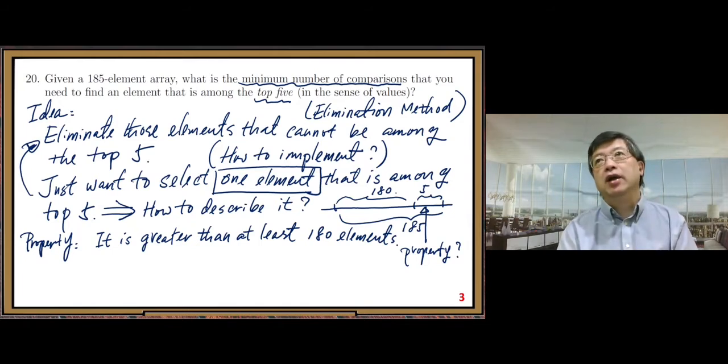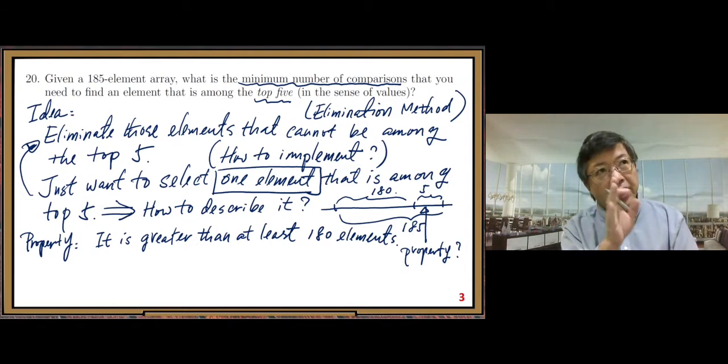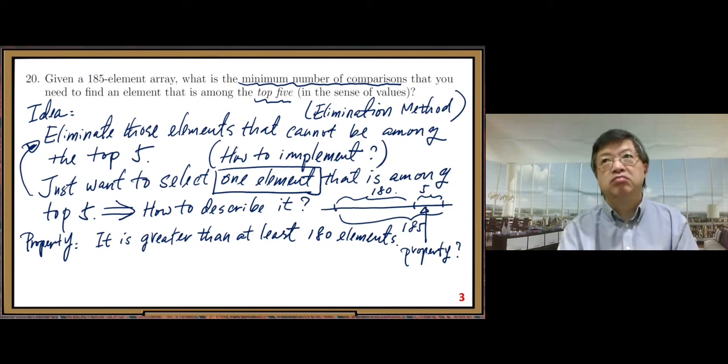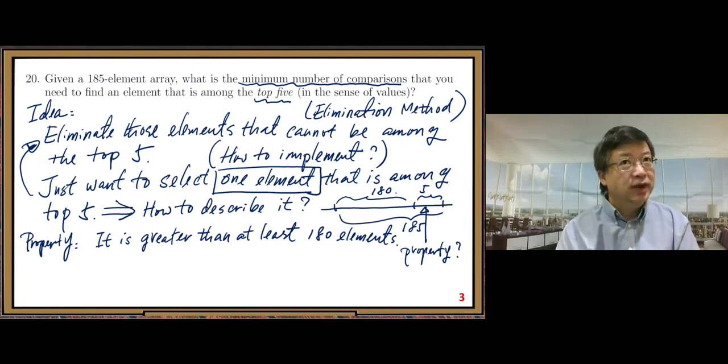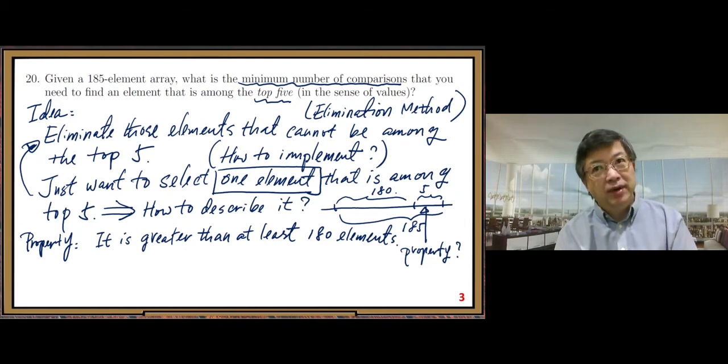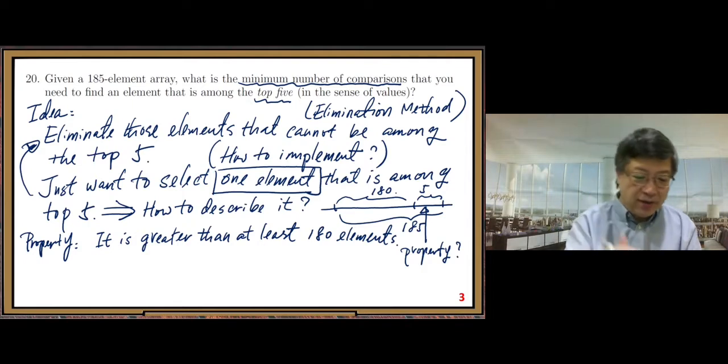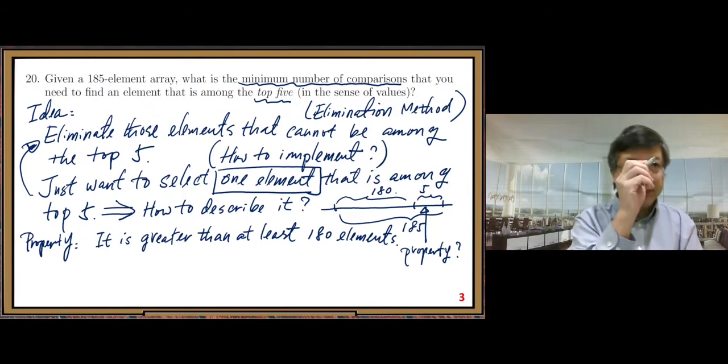That's the property, right? Any element that has this property, it is greater than at least 180 elements, then it must be among the top 5. If you look at it in this way, is this simpler than before?